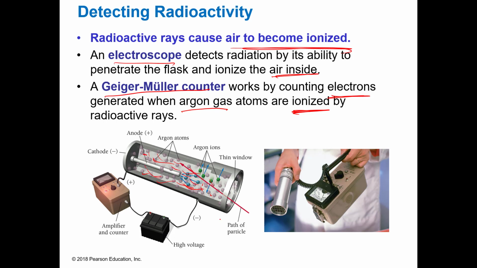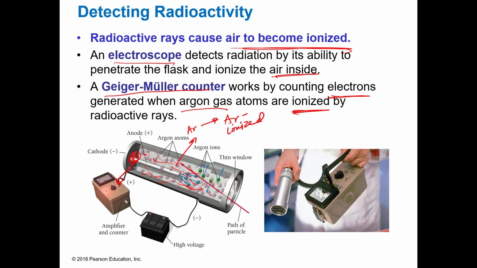This is our detector tube, and we have a cathode end and an anode end. Don't really think about the argon atoms as ions, but they ionize, whatever the ionized form is. When it's ionized, that's picked up on a little amplifier, which gives it a count.